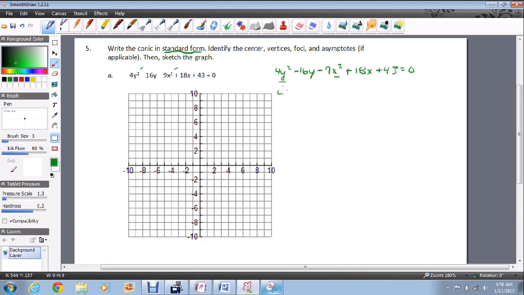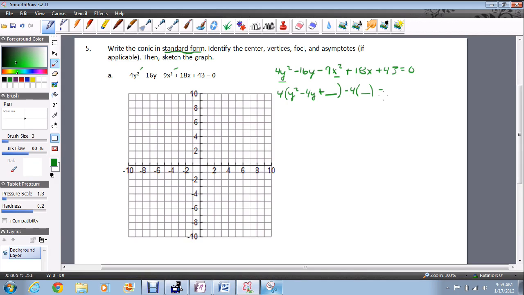I'm going to write 4, factor out the 4, that means there's y squared left inside, minus 4y, plus our blank, that's going to be the completing the square part, minus 4 times whatever we add on the inside to keep everything balanced. Now this is really important here.